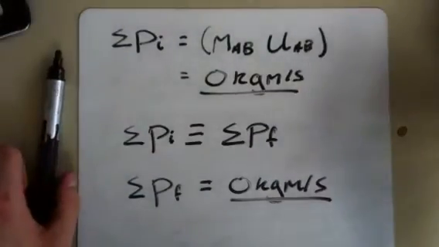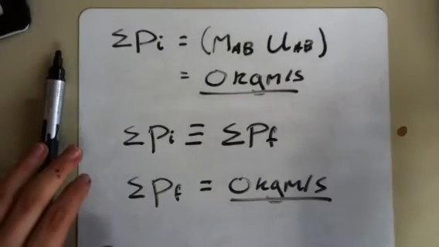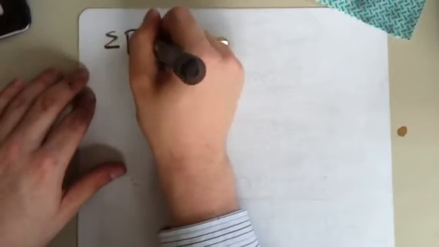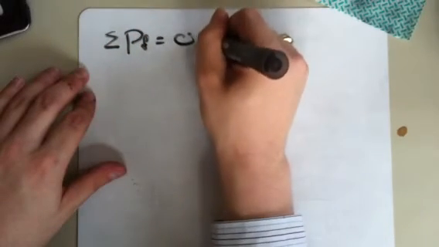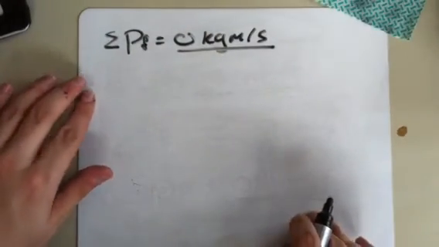You guys should obviously keep your working. Should look quite a lot like this. So make sure you keep hold of it. So we'll just rub that off. And just write a reminder at the top that our sum of our final momentums equals 0 kilogram meters per second from our previous reasoning.